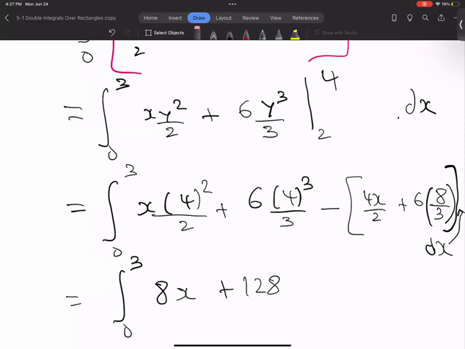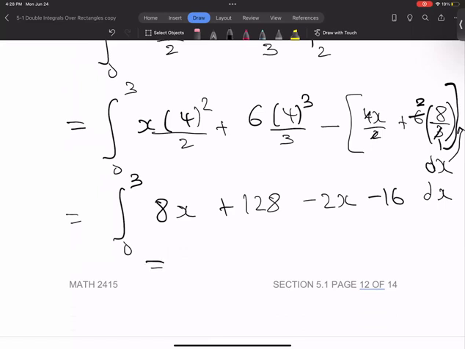I plug in 2. I got minus 2x, and then 6 times 8 divided by 3, that's minus 16 dx. Correct?